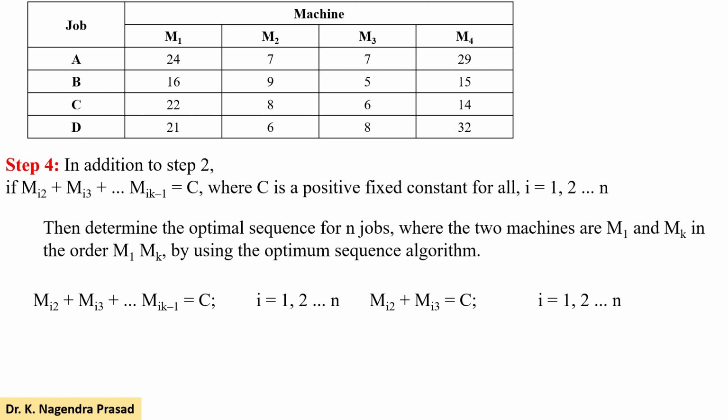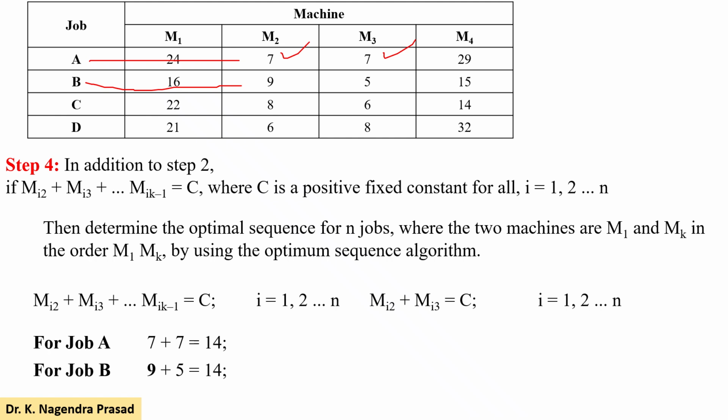So for job A, on mission 2 it is 7 and mission 3 also 7. So 7 plus 7 is 14. For job B, the processing time on the second mission is 9 and on the third mission is 5.